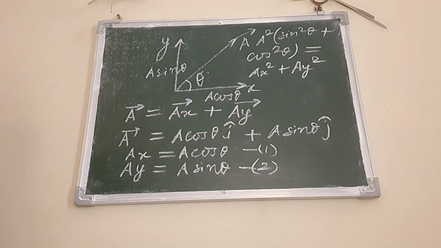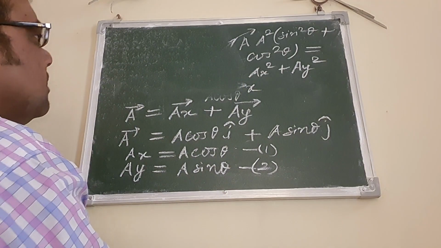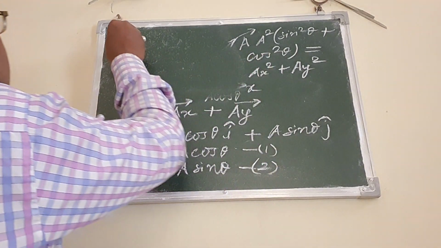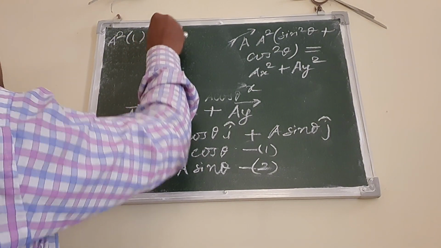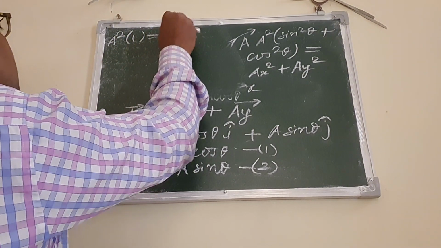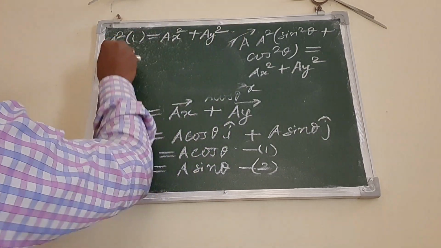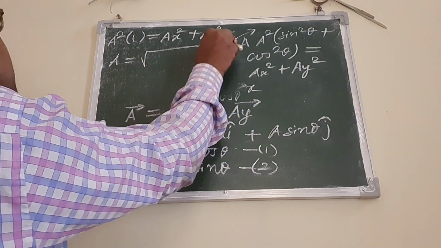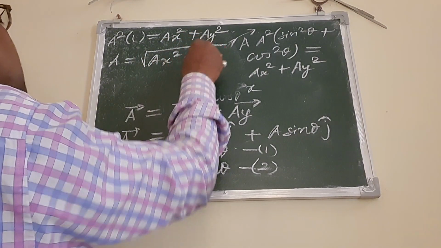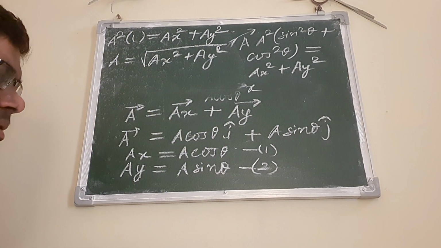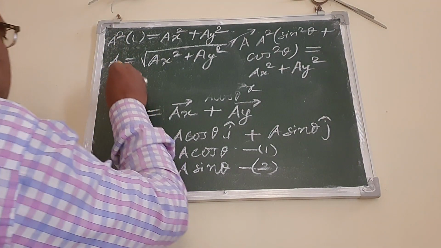Now this expression becomes 1 from the identity. So A square into 1 is equal to Ax square plus Ay square. So A is equal to the root of Ax square plus Ay square. So this is our magnitude.